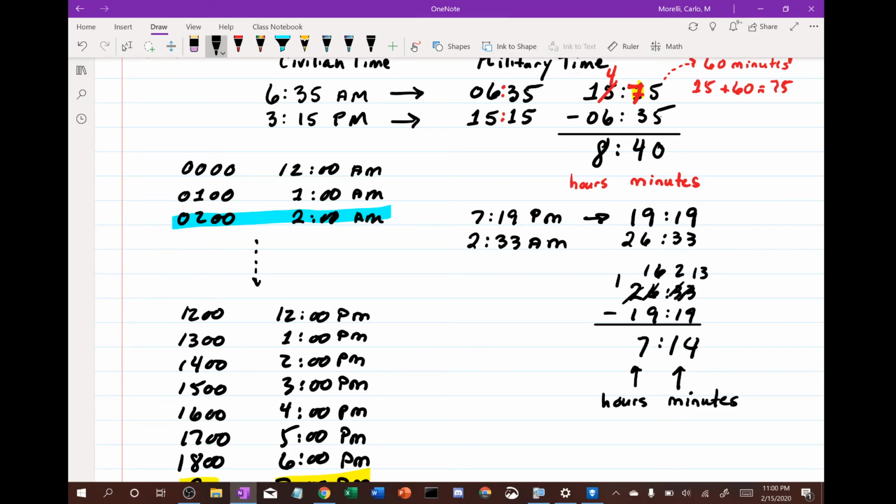You got to work at 7:19 p.m. So you work from 7:19 to 8:19. 8:19 to 9:19. 9:19 to 10:19. 10:19 to 11:19. 11:19 to 12:19. 12:19 to 1:19. 1:19 to 2:19.